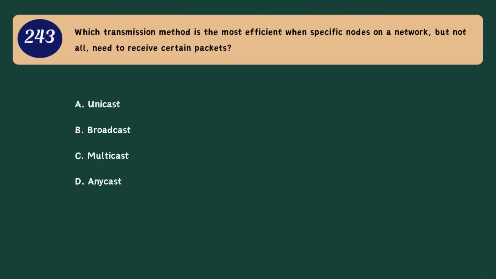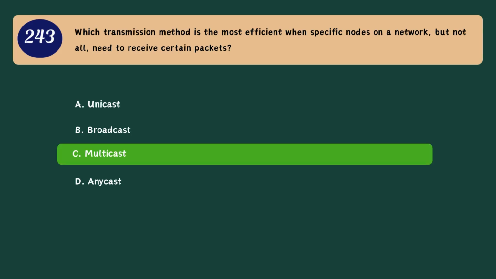Question 243. Which transmission method is the most efficient when specific nodes on a network, but not all, need to receive certain packets? A. Unicast. B. Broadcast. C. Multicast. D. Anycast. Correct answer.